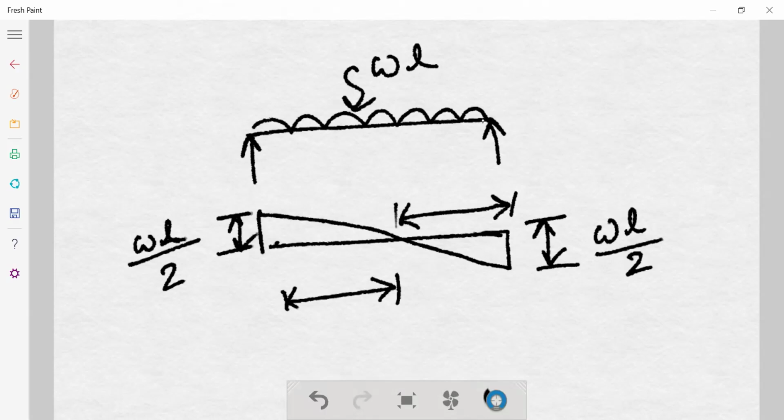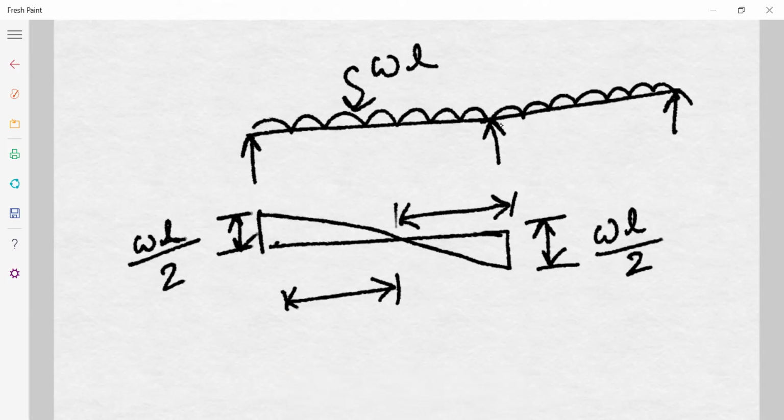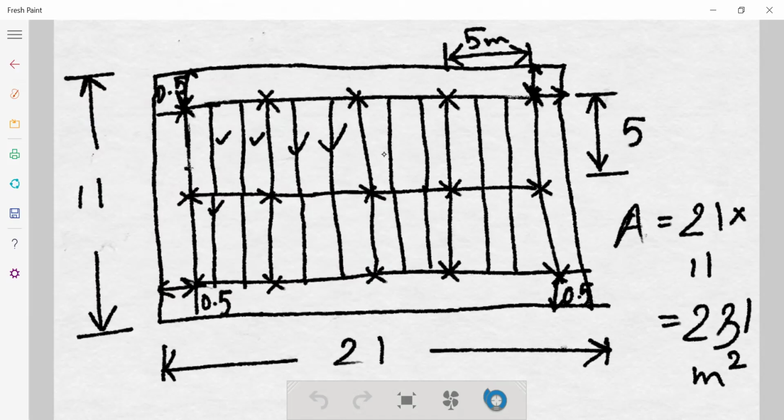But when there is a continuous beam, like there is continuity in this beam, then the shear force does not get divided equally. In our case, our secondary beam was continuous. I have shown you in the diagram, you can see the secondary beam is continuous. So in continuous beams, the shear force is not divided directly half-half.